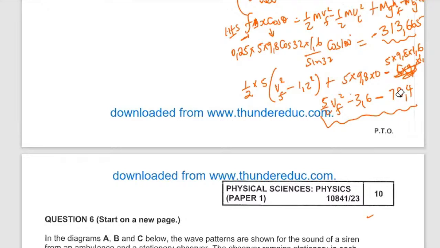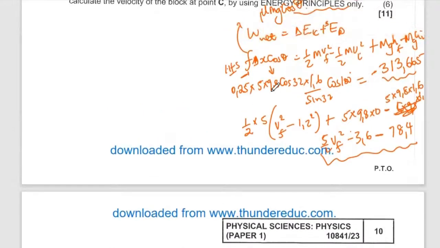Okay, let me just go back to my previous pattern, which is 0.25 times that.